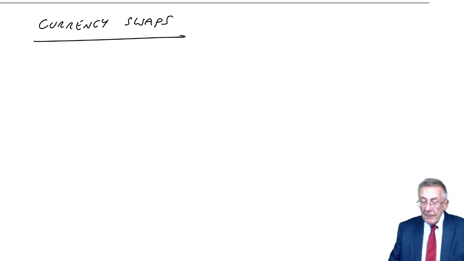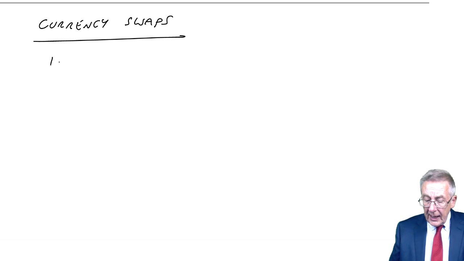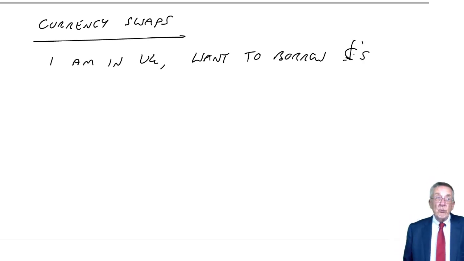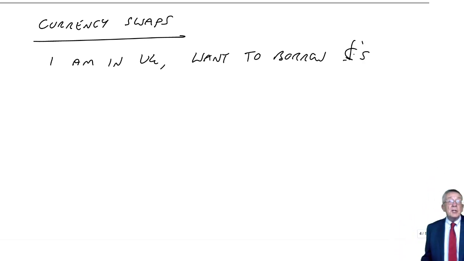But a currency swap is this. Suppose I'm in the UK, but I want to borrow dollars. Why? Maybe I'm about to do a big investment in America. I'll be spending dollars.